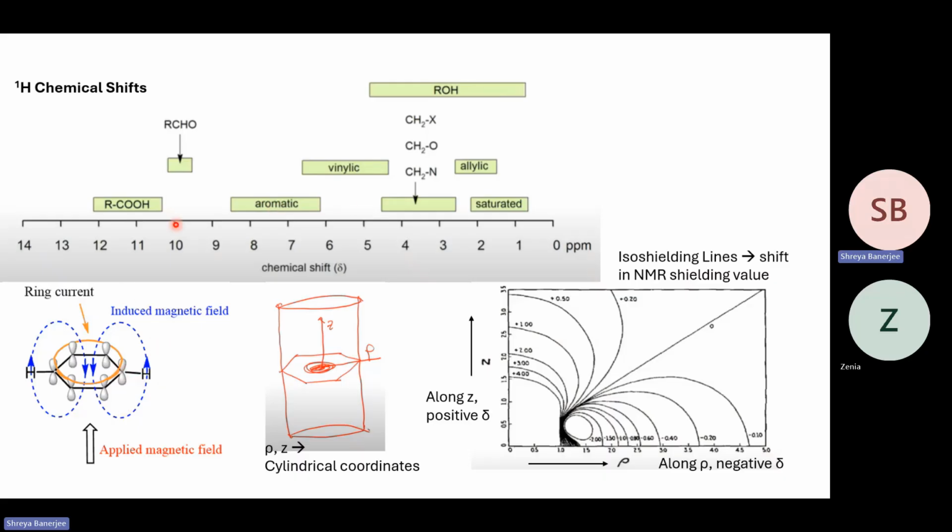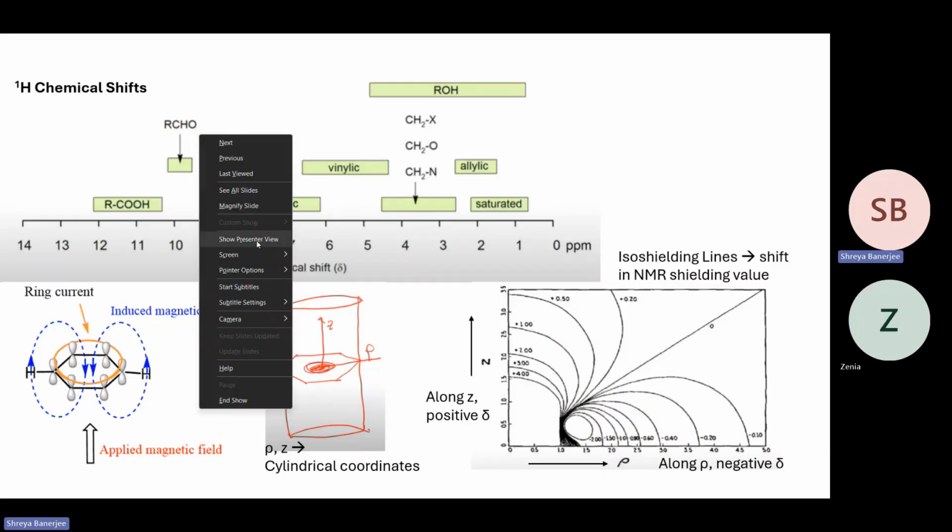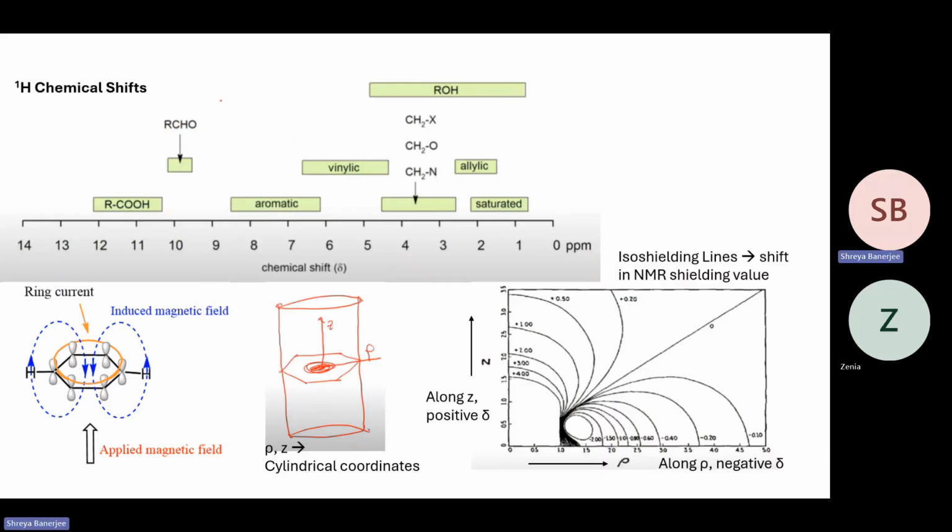We know that for a double bond or the protons attached to an aromatic ring, there is an additional effect known as ring current effect or anisotropic effect that makes them more downfield shifted. And that is why they appear around this range. And then you have the RCHO, that is aldehyde.